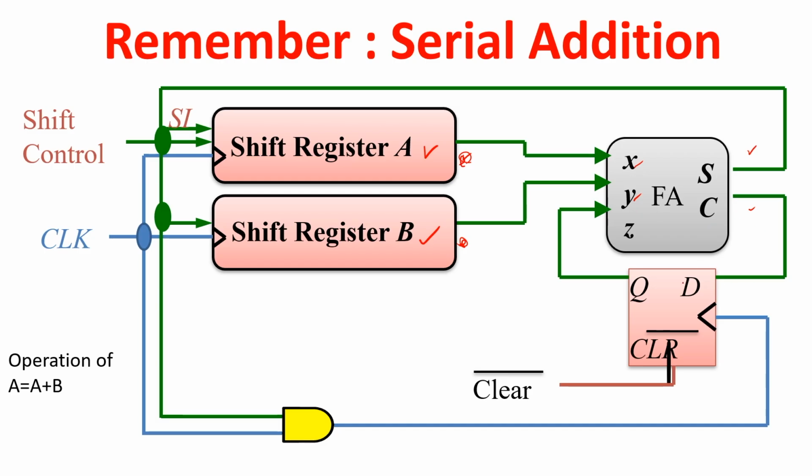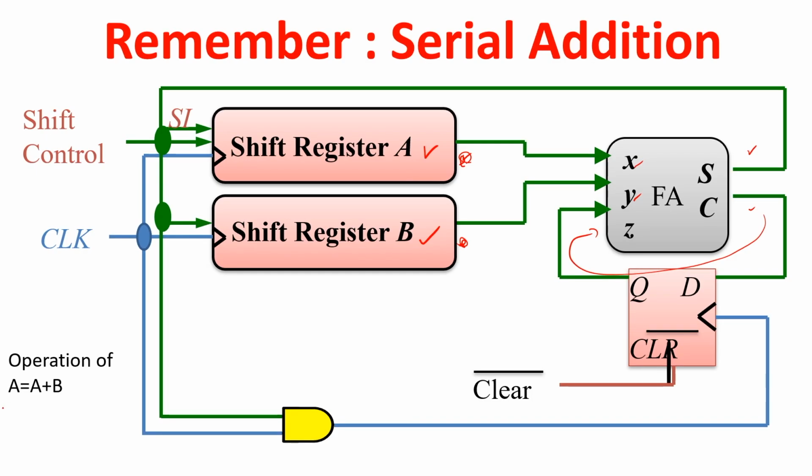The carry gets fed back to the full adder again. Suppose A is n bits and B is n bits; we are adding two n-bit numbers and storing the result in A. So the operation is A equals A plus B.